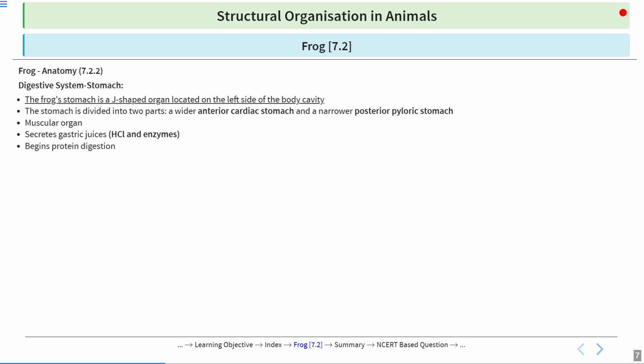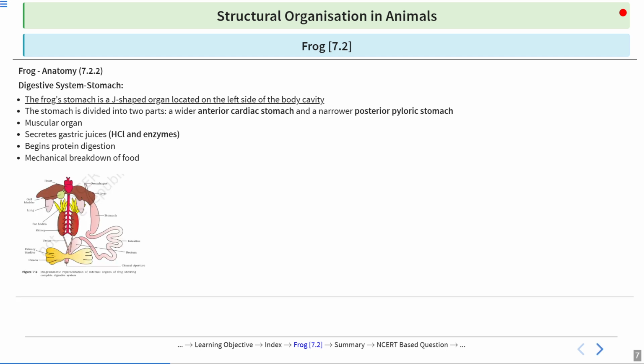It begins protein digestion; a small part of the protein digestion occurs here in the stomach. And there is a mechanical breakdown of food. The food gets mechanically broken here, and the food rests here for 2-3 hours and becomes a brown colored paste.